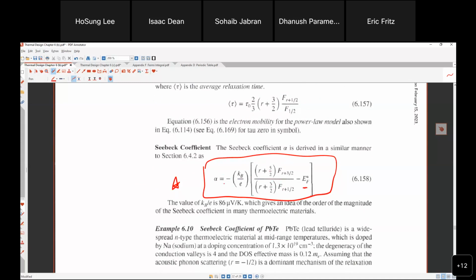You have to use this for a semiconductor. So we tried to simplify assuming metal and a wave expression, but don't confuse. Our goal is a semiconductor, this one.